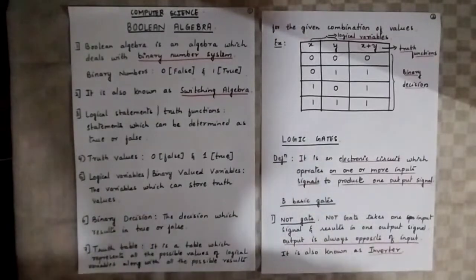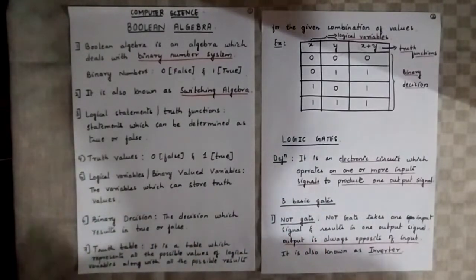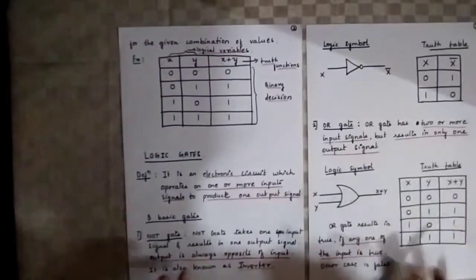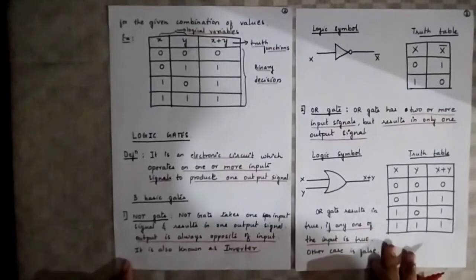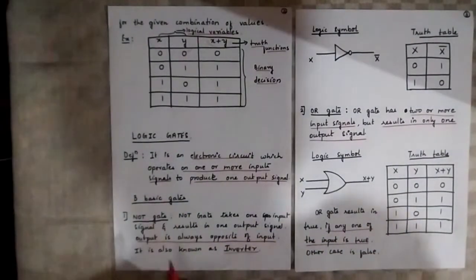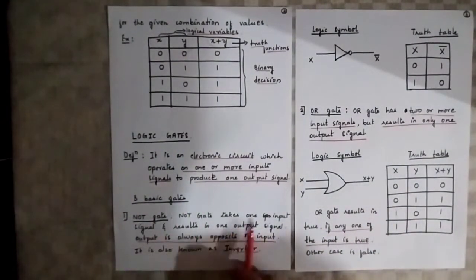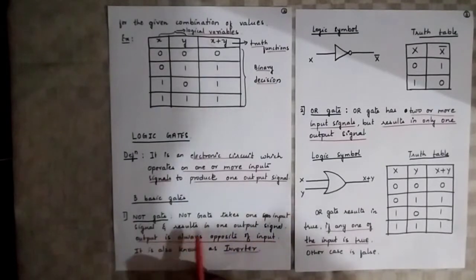Moving on to the first one, which is NOT gate. So what is NOT gate? NOT gate is a gate which takes one input signal and results in one output signal.